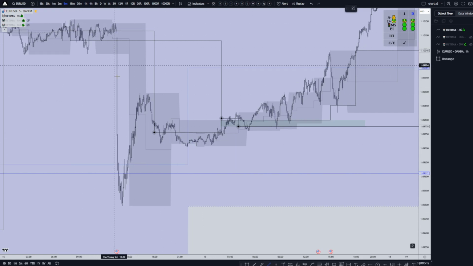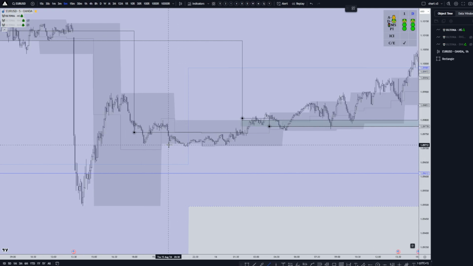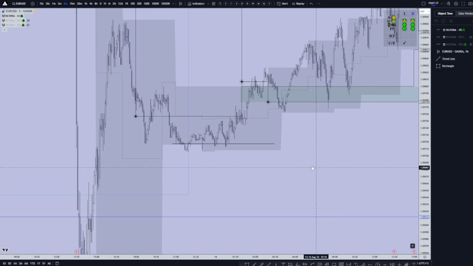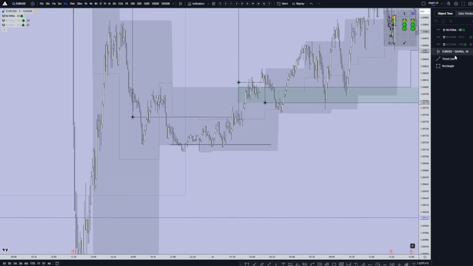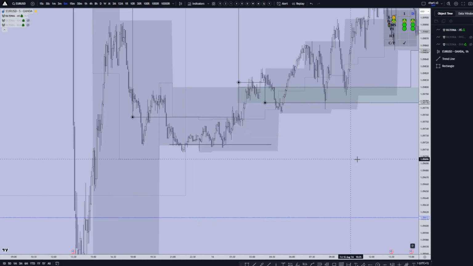We swept the high and now we swept the low, right? And you have this last liquidity level, what would it work for? The last liquidity level is a storyline, right? We hit the liquidity levels.